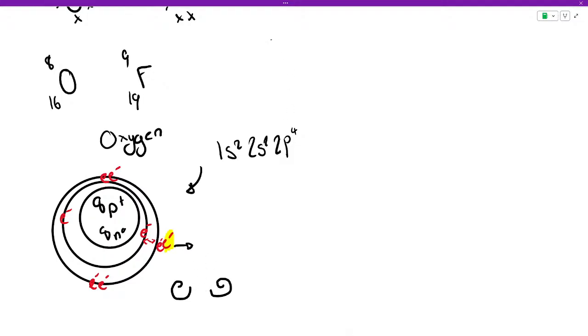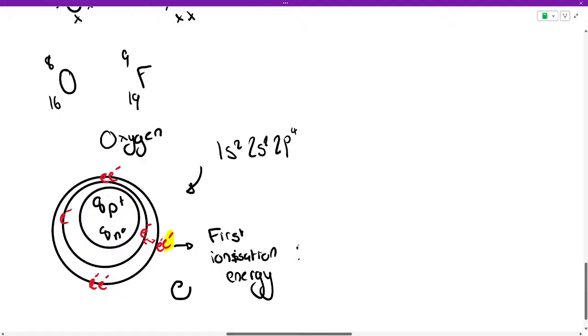Because they're in opposite spins, they will almost attract each other, so removing one is going to be very difficult. So the first ionization energy is going to be difficult.